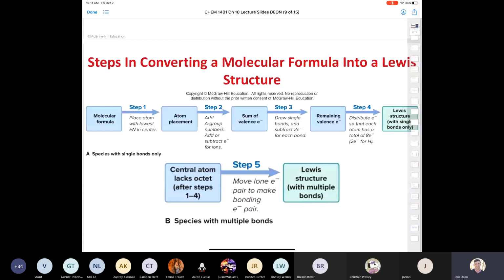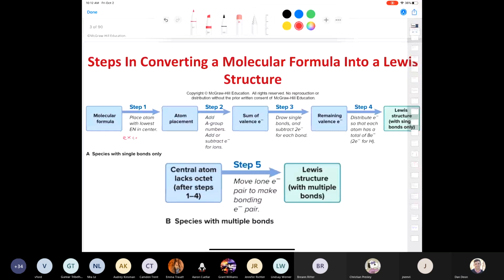Let's start. The first thing that we started with was a molecular formula. NH3, CO2, H2O, whatever. Then we placed the atom with the lowest electronegativity in the center, except H. Hydrogen always has to go on the exterior because it can only have 1 bond.